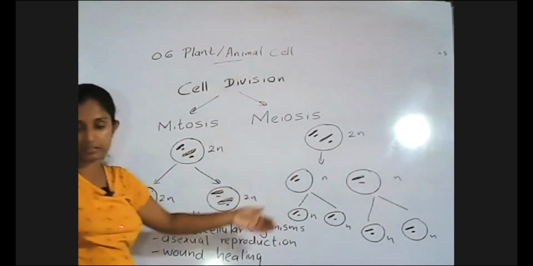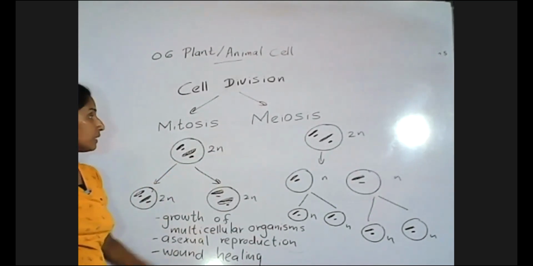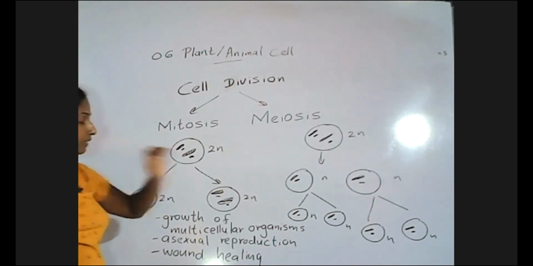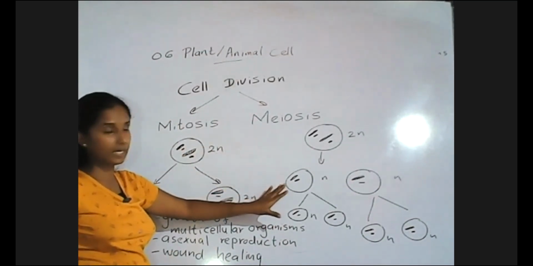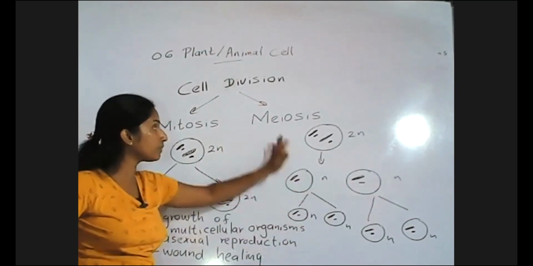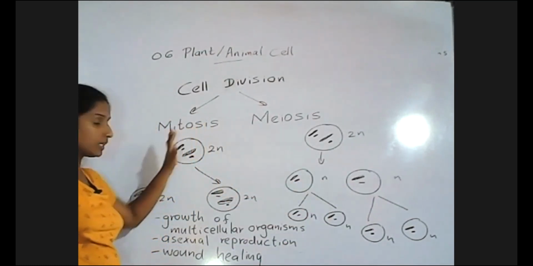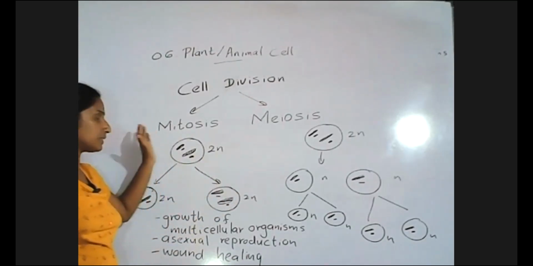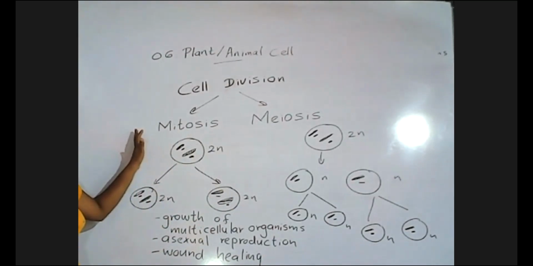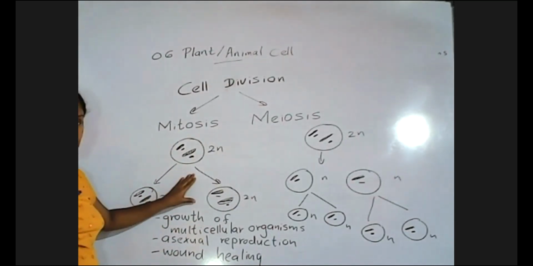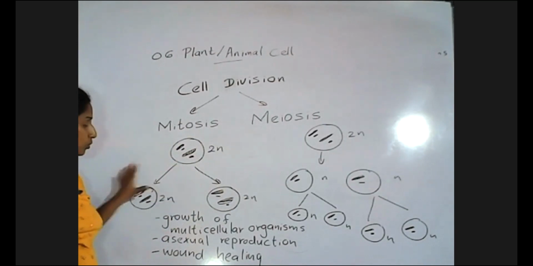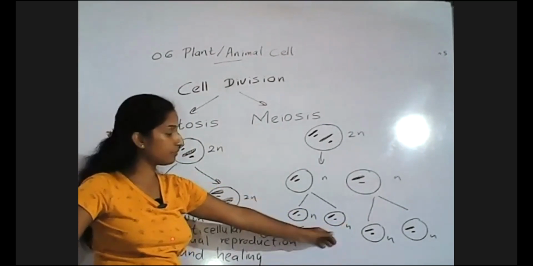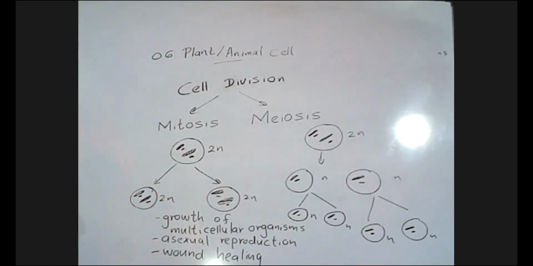In meiosis, variations can occur, new varieties. But in mitosis, the daughter cells are the same as the parent cell. 2 daughter cells appear in mitosis, but in meiosis, 4 daughter cells appear.